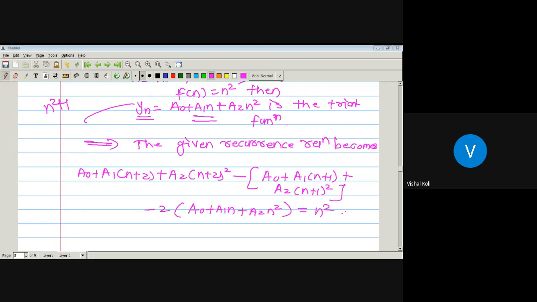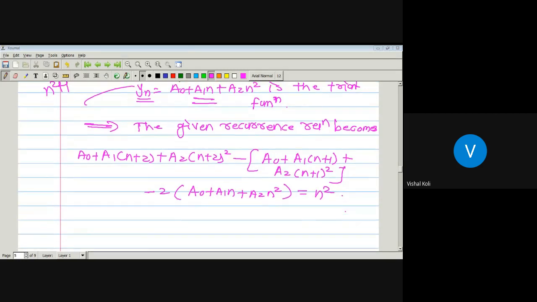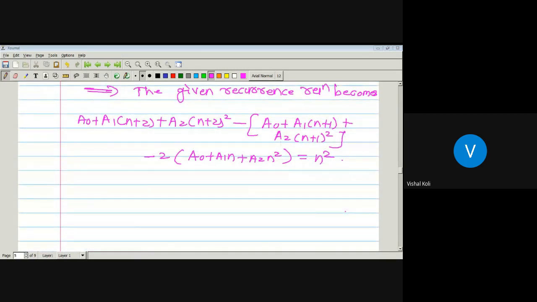Now tell me the constant plus the coefficient of n plus the coefficient of n square. This will be the first constant, which is a naught. What should be the second constant? Plus 2 times a1.